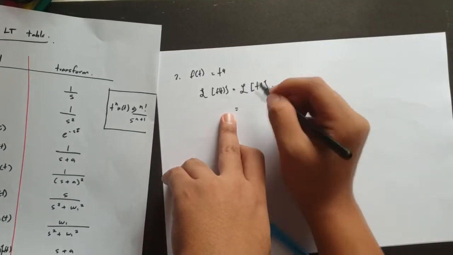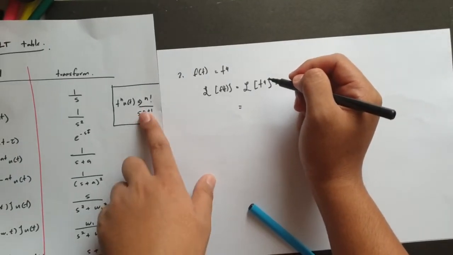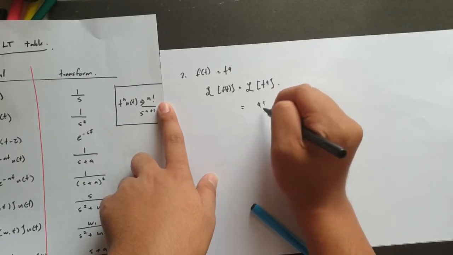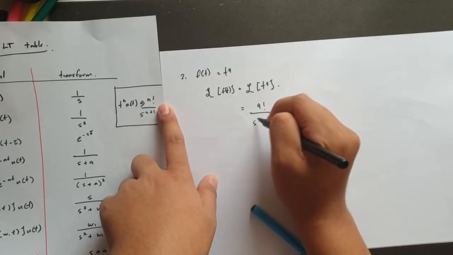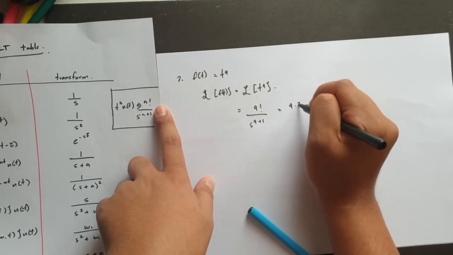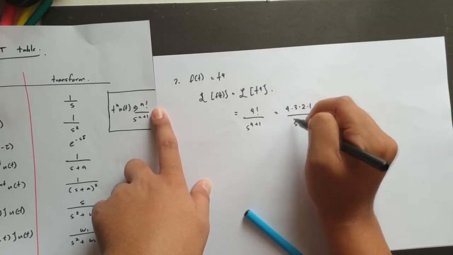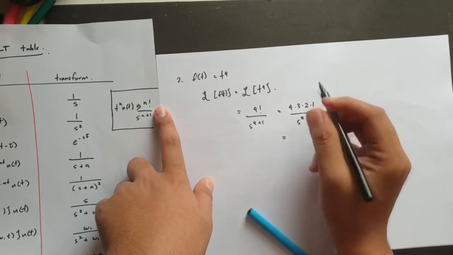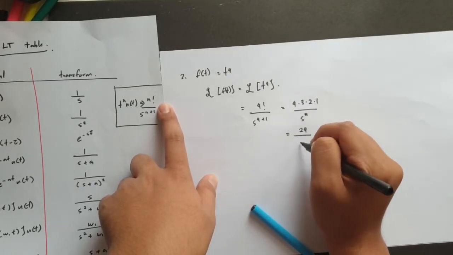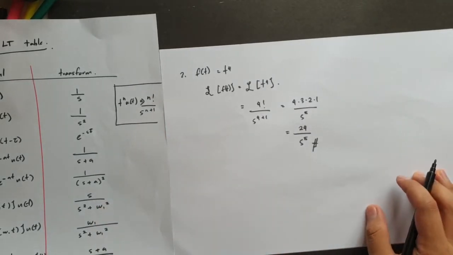For this one, you can refer to the table. t to the power of n means n factorial over s^(n+1), so 4 factorial, which is 4 times 3 times 2 times 1, over s to the power of 5. So this is 24 over s⁵, and this is the final answer.